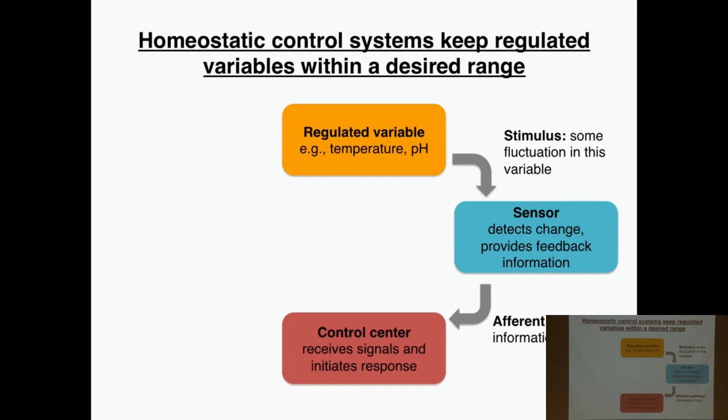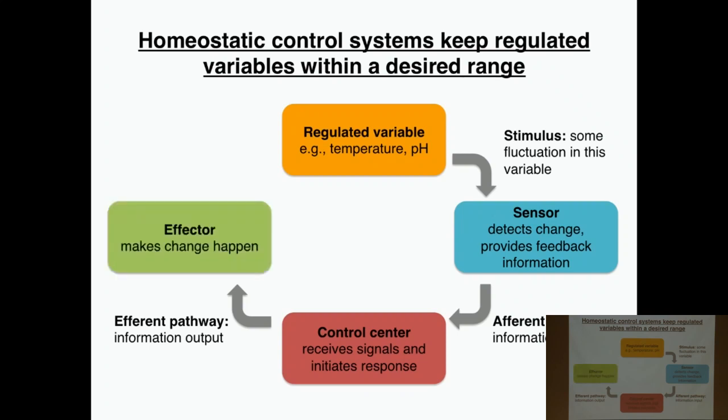And so that control center takes in information, and then it sends out information through what's called the efferent pathway, information output. And the effect of this is going to be to have some kind of impact on the activity of an effector that will make a change happen.